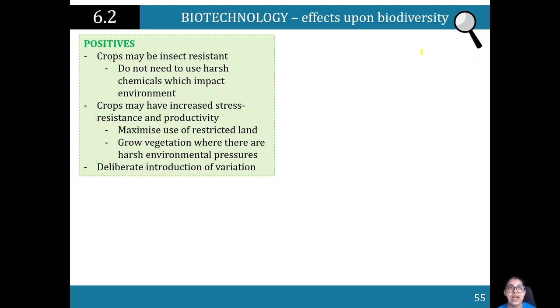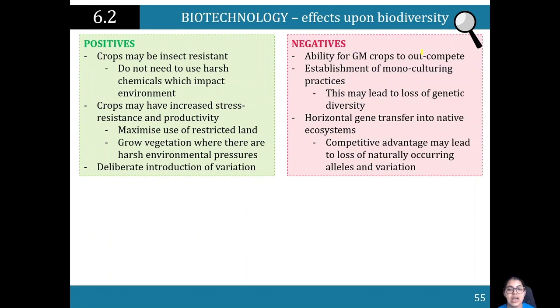So we know that we can try and grow vegetables inside buildings like eco hubs and stuff. There is research into that happening, and in fact it has already been implemented. And also there is a deliberate introduction of variation through this. However, there is the ability for GM crops to outcompete natural crops.